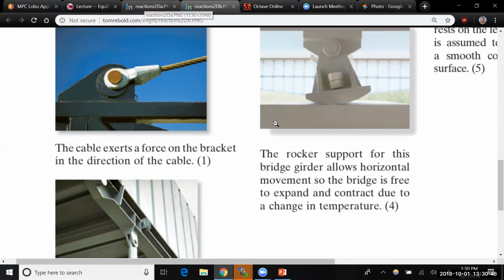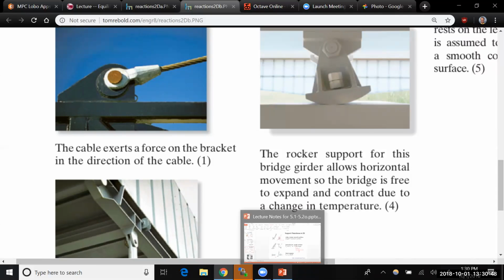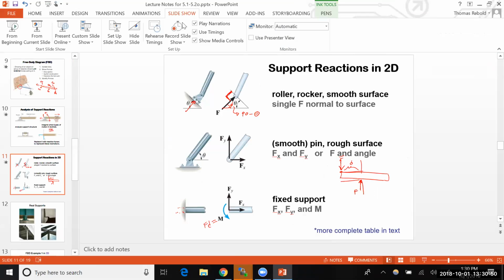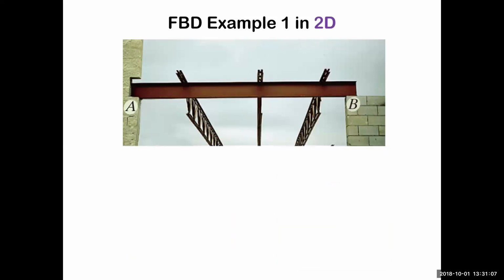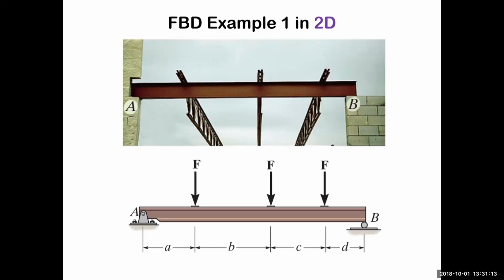And you have to do that so the material doesn't get stressed by thermal fluctuations. Again, there are some other real supports. Typically you're given the idealized support, so you don't have to think about what this thing is actually doing. Very good technical stuff.